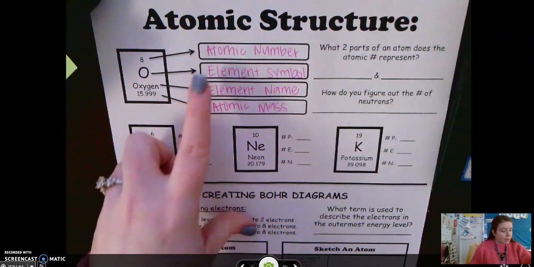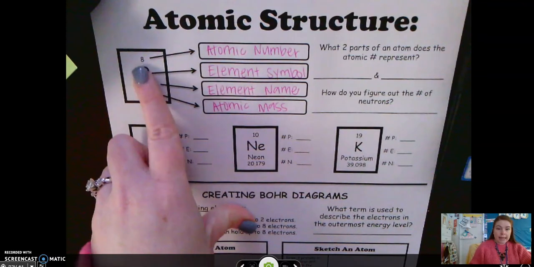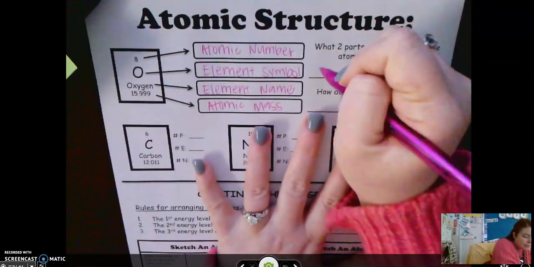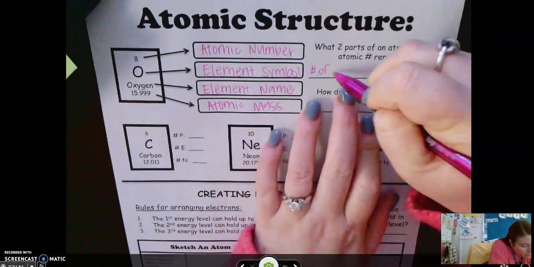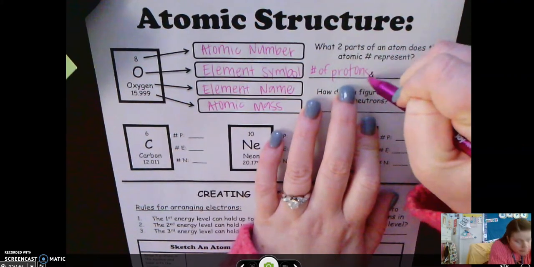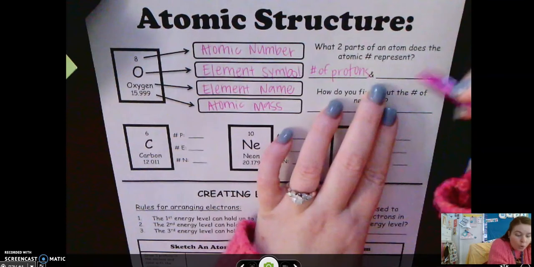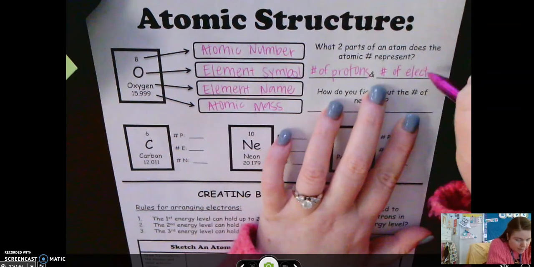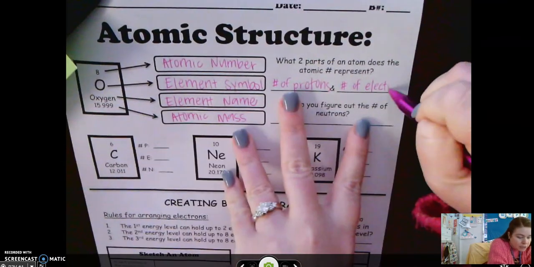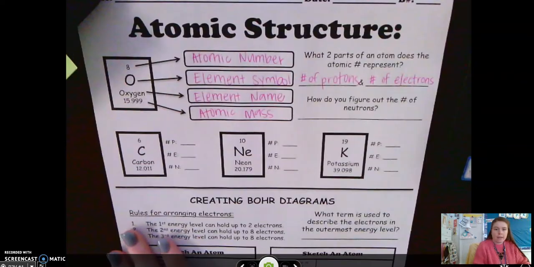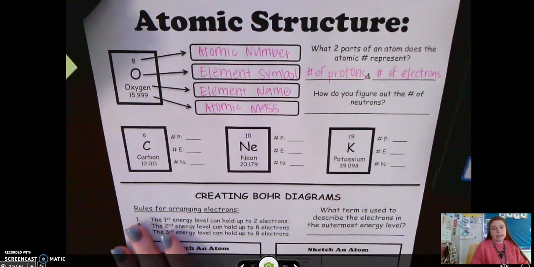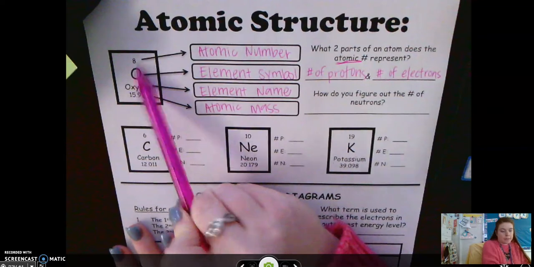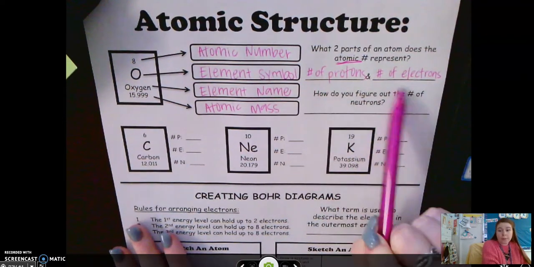And so our atomic number here, that little 8, if you remember back just a second ago, I told you that the atomic number represents the number of protons, or positively charged particles in the nucleus, or the number of electrons, the negatively charged particles that are floating around in those shells outside of the nucleus, racing around in their shells. So our atomic number, that number at the top, is going to be either the number of protons or the number of electrons.